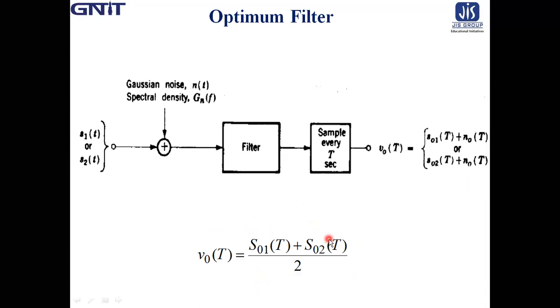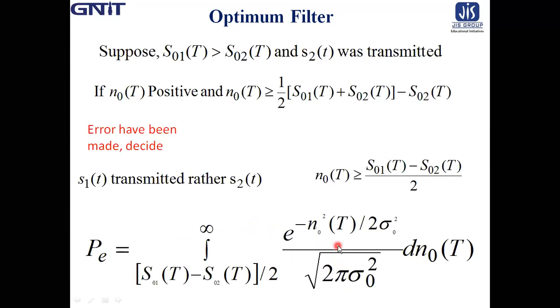This is our decision boundary. And now suppose that S01(t) is greater than S02(t) and S2(t) was actually transmitted. When does the error occur?